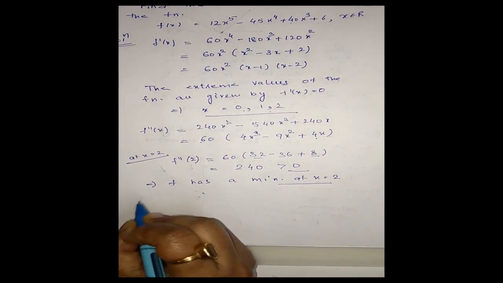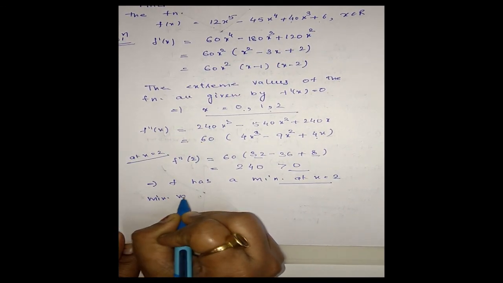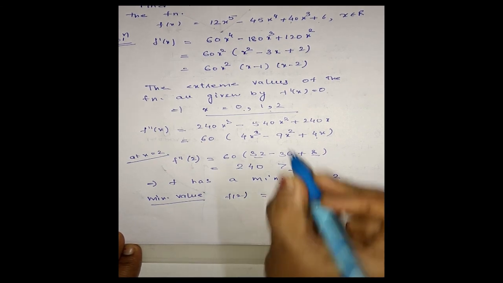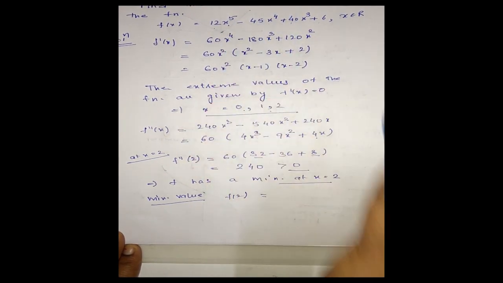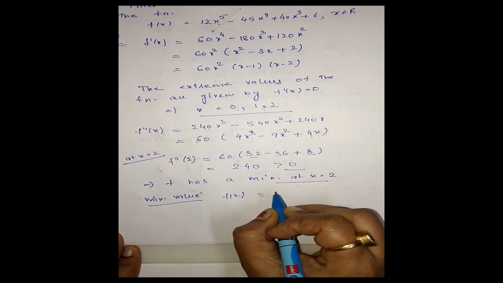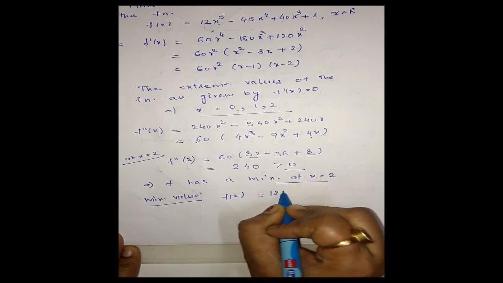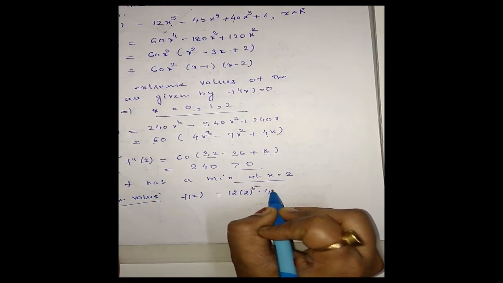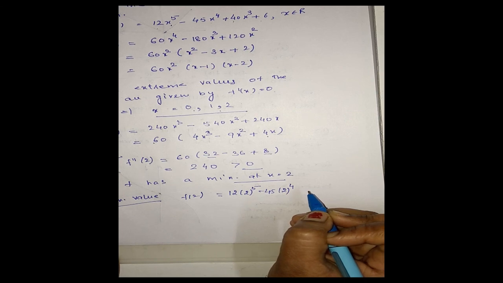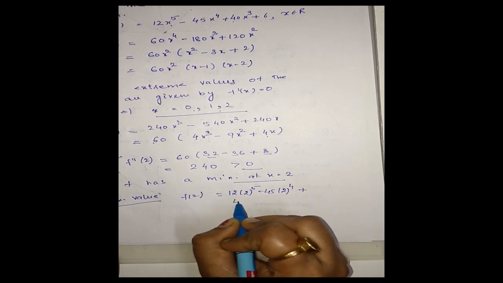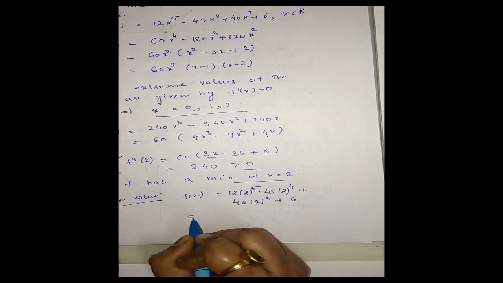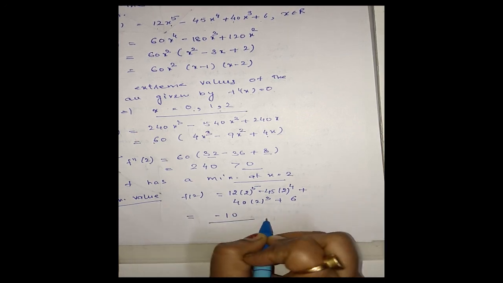And the minimum value is f(2). On taking x to be 2, we get 12 times 32 minus 45 times 16 plus 40 into 2 cube plus 6, and on solving we get minus 10. So minus 10 is the minimum value.